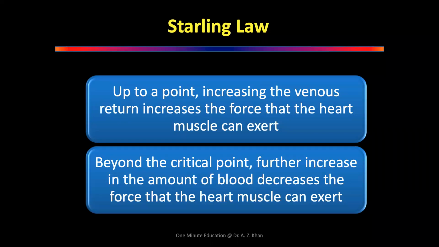So that is the key thing about Starling's law: the initial muscle fiber length is important, and the stretch up to a certain point gives you a fantastic stroke volume. The moment you go beyond it, you are losing the power of the muscle to contract.